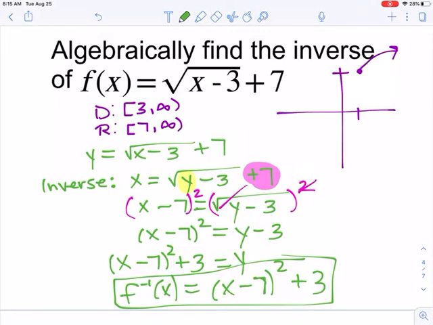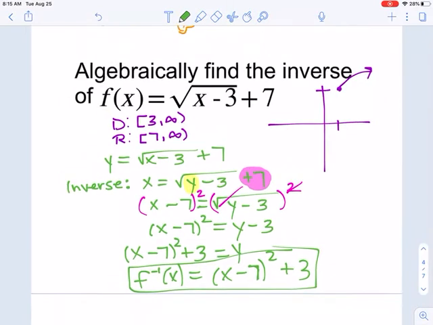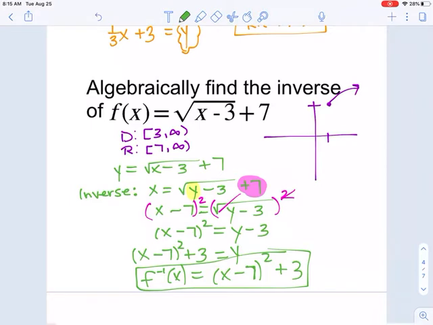Now I know it's really easy for us to see this and say, hey, we have a quadratic, and I know that all of my polynomials have domains of all real numbers. But that would be incorrect for this example. Okay?